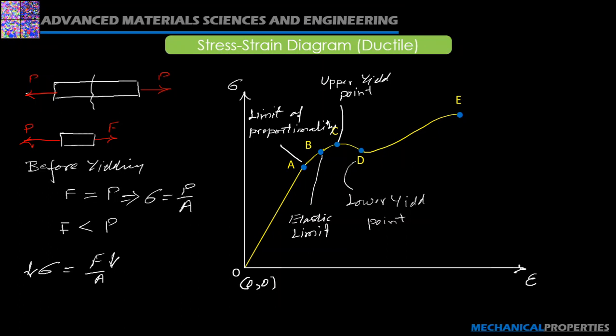Now at locations the molecules are close packed, but the lattice is not in a perfect shape, and because of this closeness there is an increase in the value of the stress.